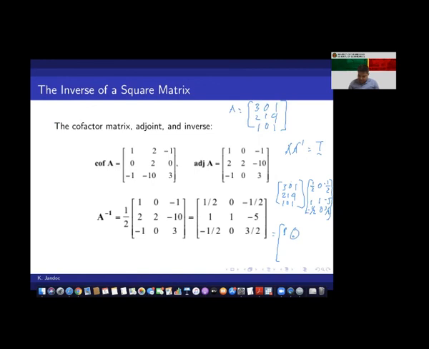The third entry is 3 times negative 1/2, which is negative 3/2, plus 0 times negative 5 plus 3/2, so this is equal to 0. You can verify that this indeed results in the identity matrix. So when you multiply A and A inverse, you get the identity matrix, and therefore A inverse is actually the inverse of A.